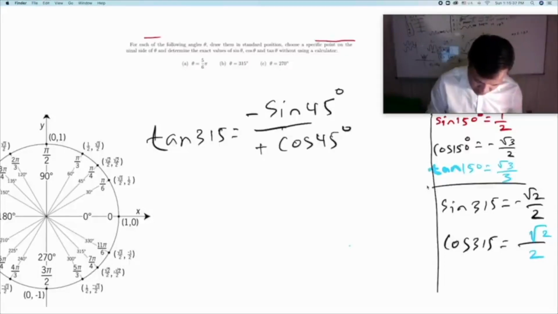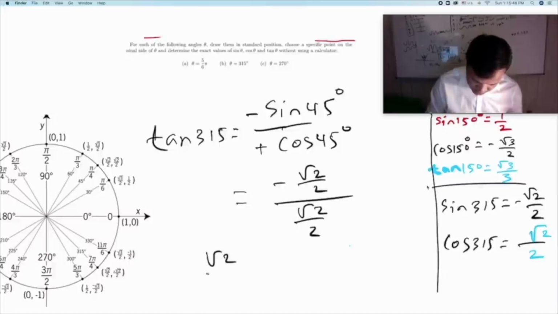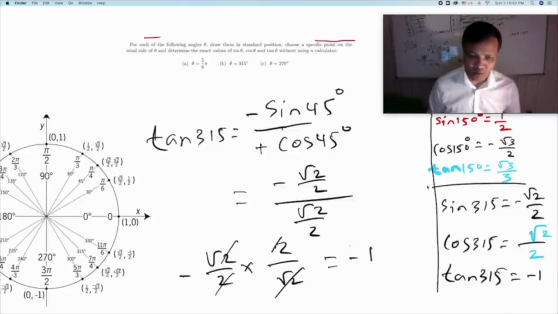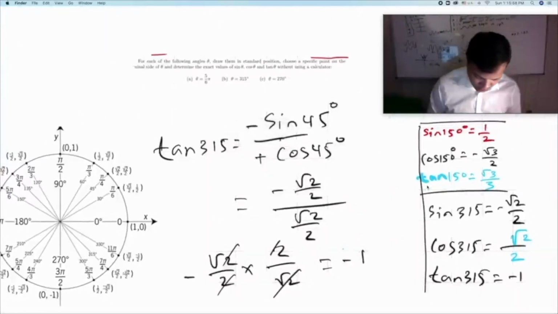Negative sine 45 degree, we already know, is negative square root of 2 over 2, and positive cosine is square root of 2 over 2. So the square root of 2 over 2 cancels, and we get negative 1. So tangent 315 is equal to negative 1. Okay, so we're almost done. Now we're going to do the last one.